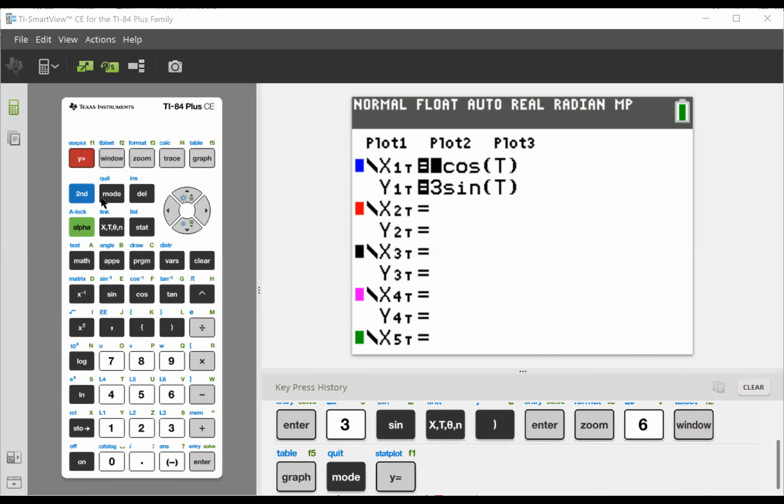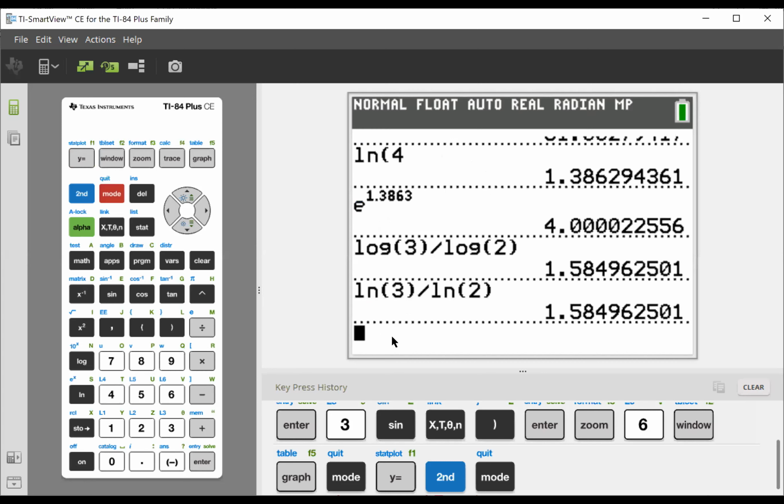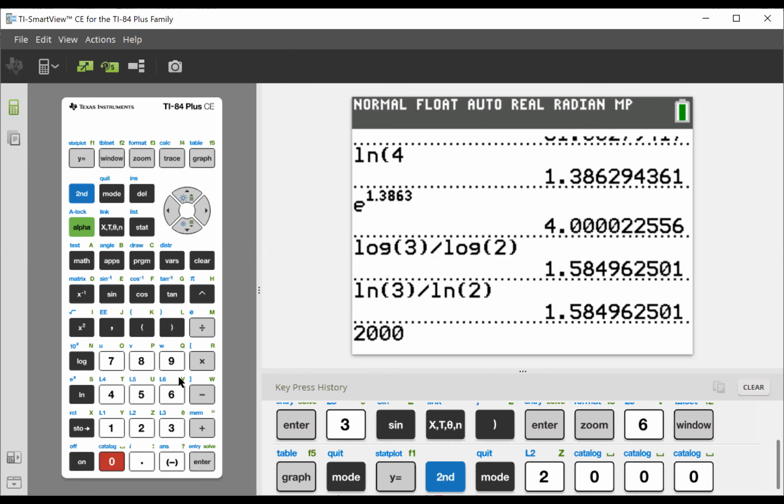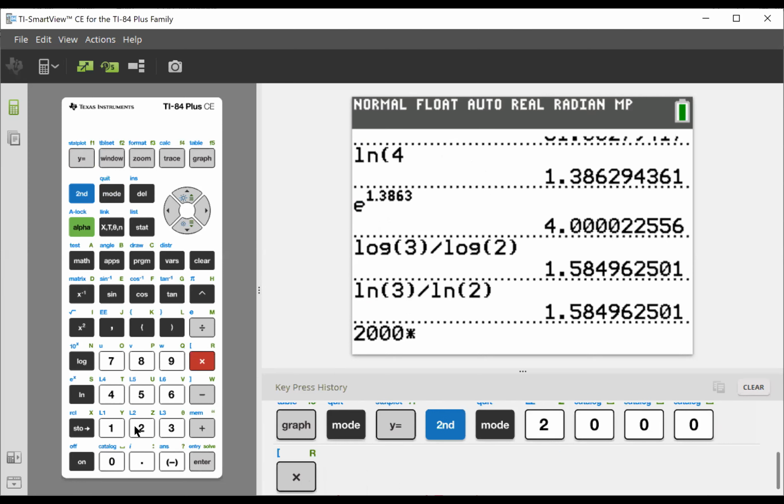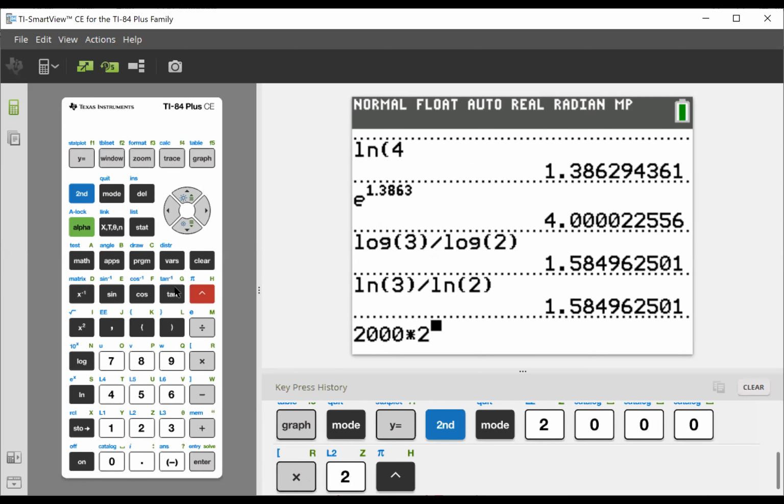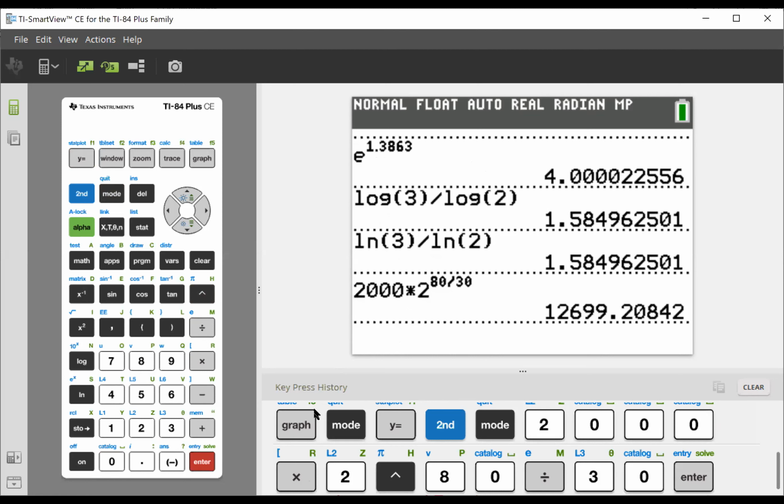Okay, so then let us do this. So I will have 2000 times 2 raised to the power of 80 over 30.